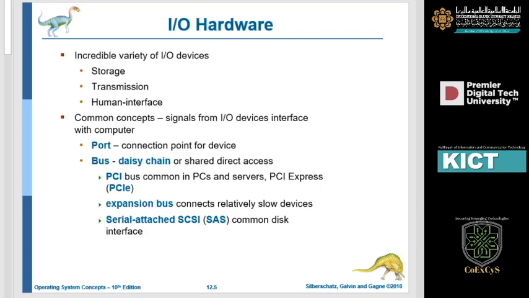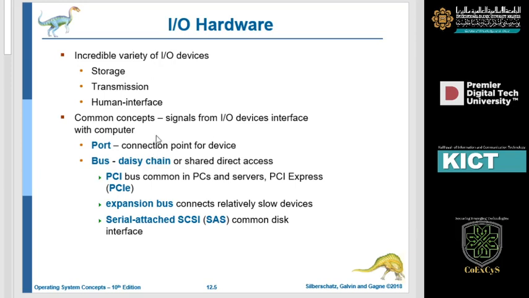In I/O hardware, again, there is an incredible variety of I/O devices. We're talking about storage devices like tape, network devices, Bluetooth, Wi-Fi, and human interface devices: screen, keyboard, and mouse.